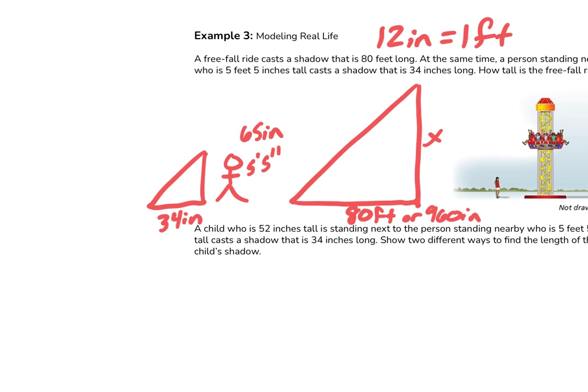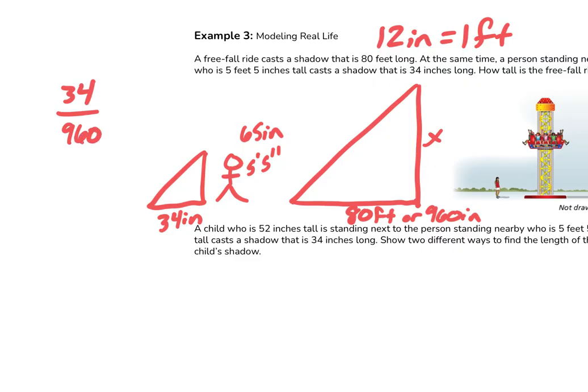Okay, now we're going to set up a proportion. And this is what we've talked about the last couple of days. When I set up a proportion, there's a lot of different ways for me to do this. There's more than one way to do it, but we have to be exact about how we do it. We have to go in the same order, okay? So you can go small to big, small to big. You can go big to small, big to small. I don't really care what order you go in, but you have to stay in the same order, okay? So in this case here, I'm just going to move left to right. I'm going to say 34 goes to 960.